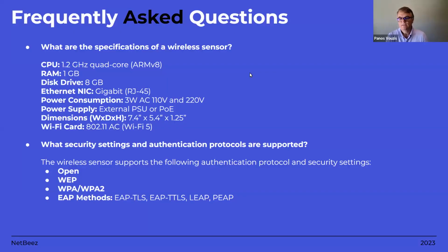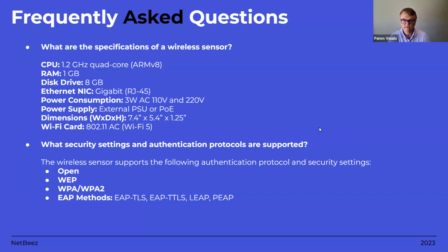Just an overview, a little bit of some specs of the hardware sensors. Again, it's a 5x7, I would say, hardware sensor that has a gigabit interface, can be used for testing, and can be powered from either the PSU or PoE.